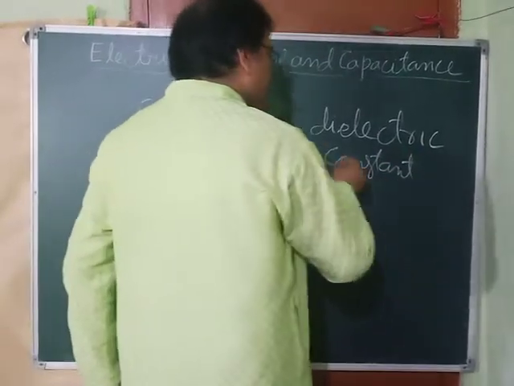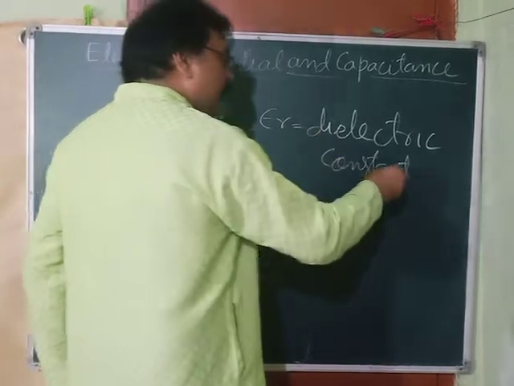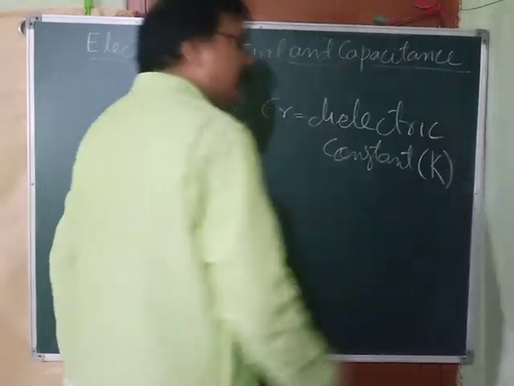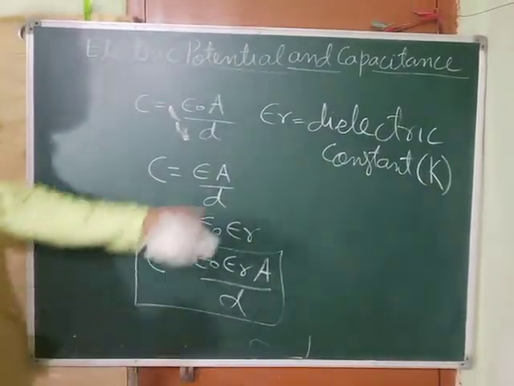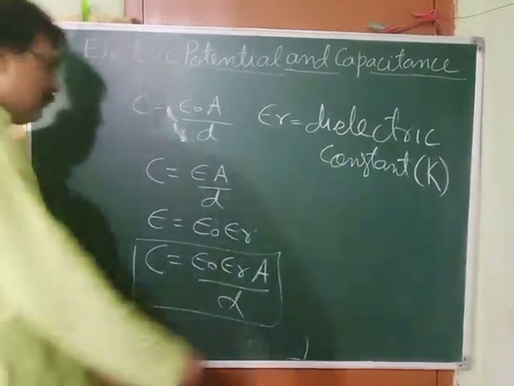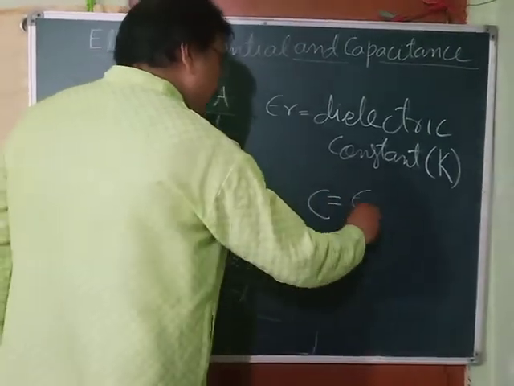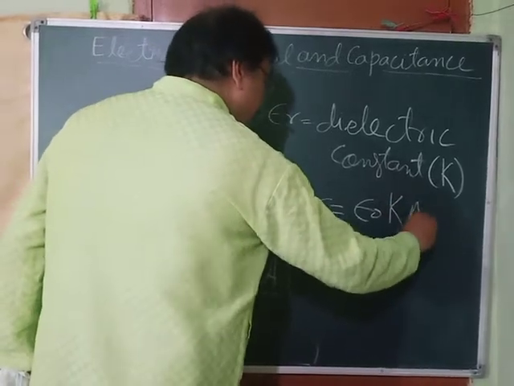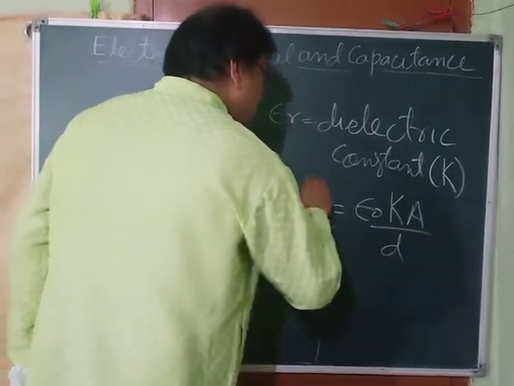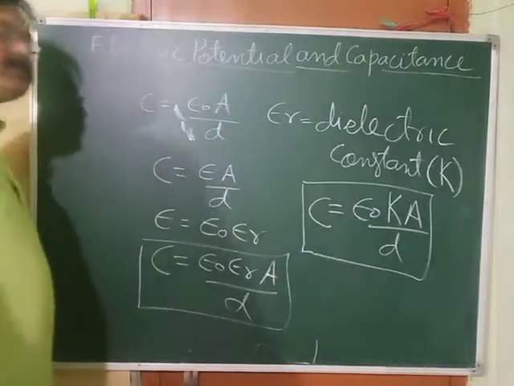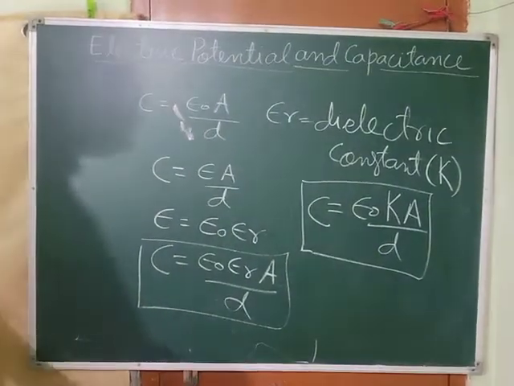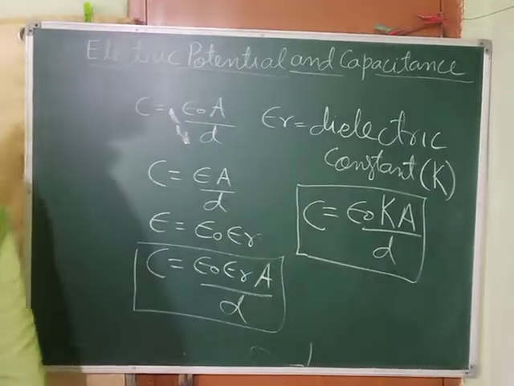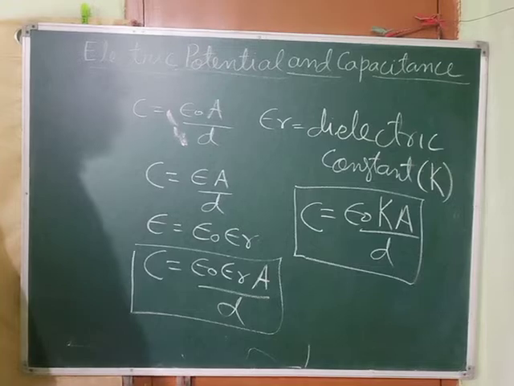Epsilon r is equal to the dielectric constant of that medium, which is given by capital K. Remember, the electrostatic constant is small k, but here we are using capital K. So our expression will become C is equal to epsilon naught K A upon d, if the space between the plates is completely filled by a medium whose dielectric constant is capital K. Got it?